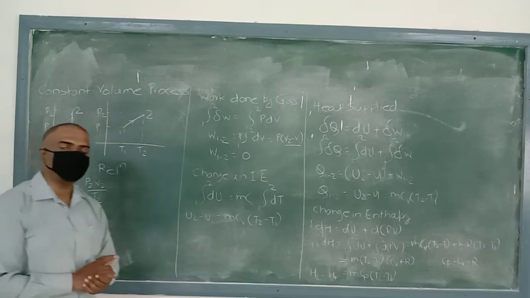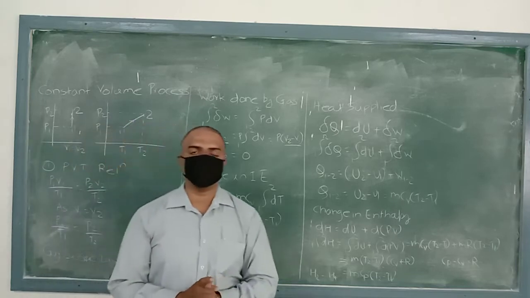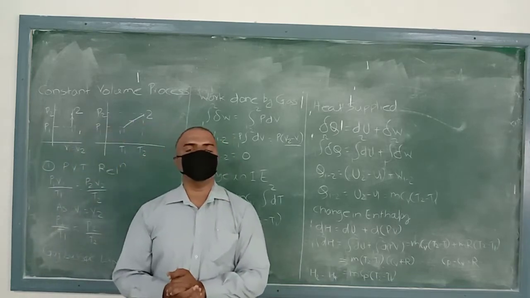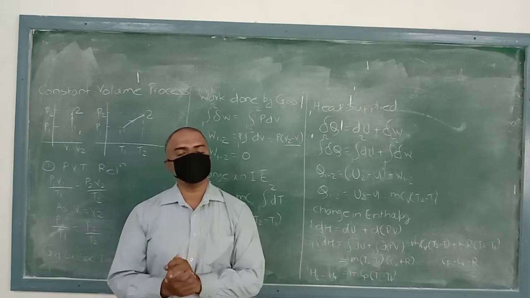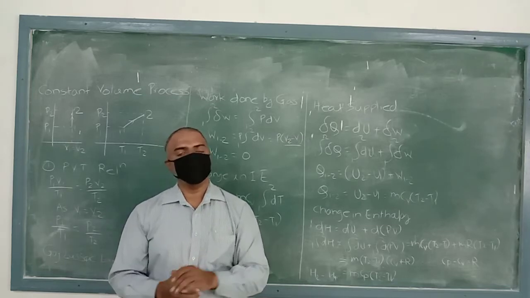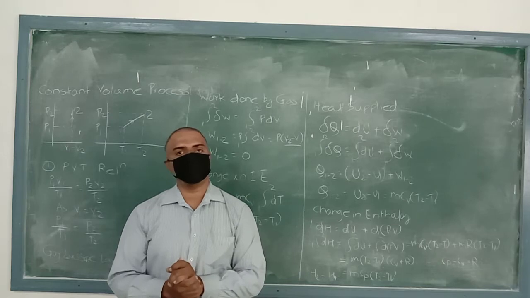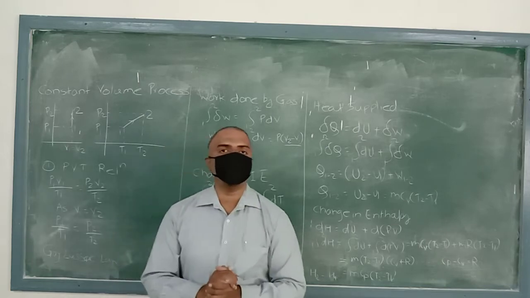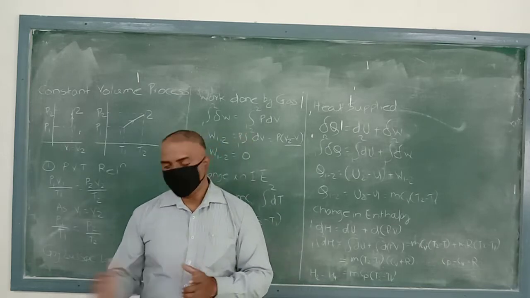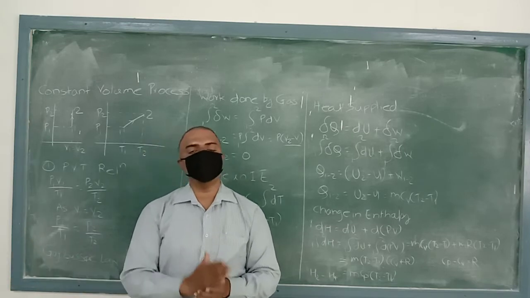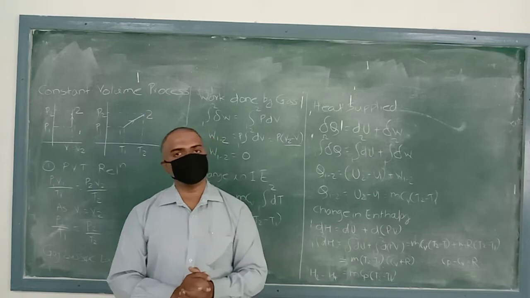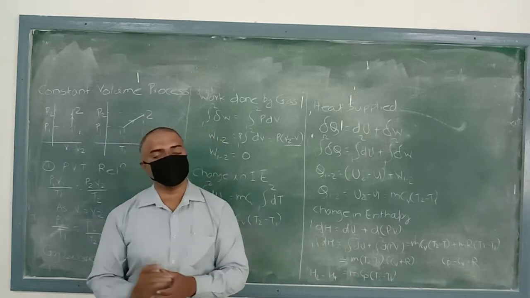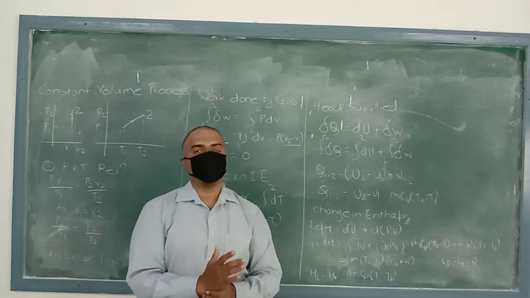As a simple example from a practical point of view, we are taking a gas enclosed in a piston cylinder arrangement, and in that arrangement the volume is constant, and we are pressing that gas. So what happened? The volume inside the piston cylinder arrangement is constant, but we are compressing it.